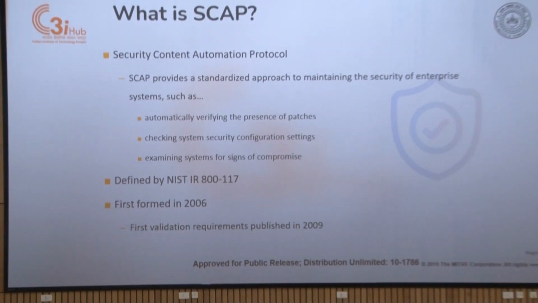I have to tell the tool that this is what you should check, or this file you should check, or this configuration you should check to know whether that particular vulnerability is there.